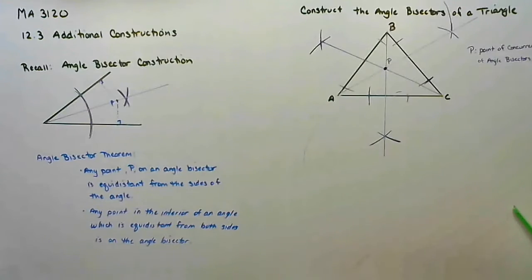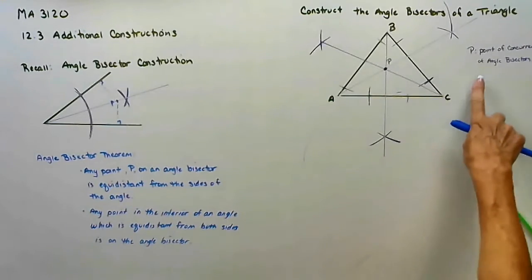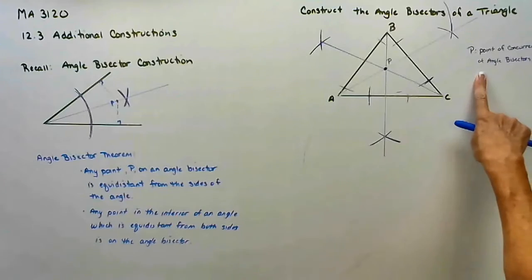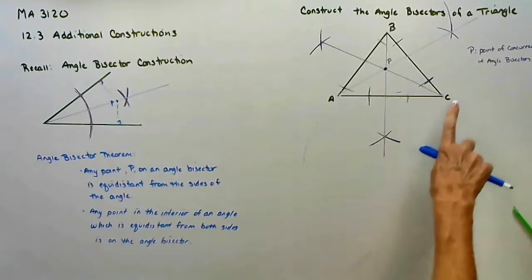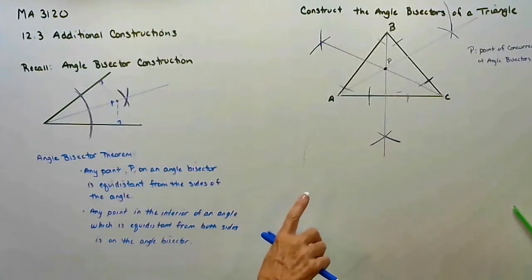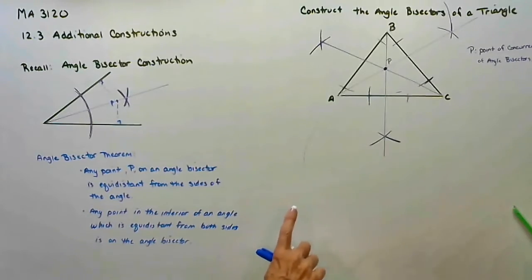So I asked you, what do you notice? What we notice is that whenever you have three angle bisectors, they will intersect at a point of concurrency. Okay? So that's what we notice.